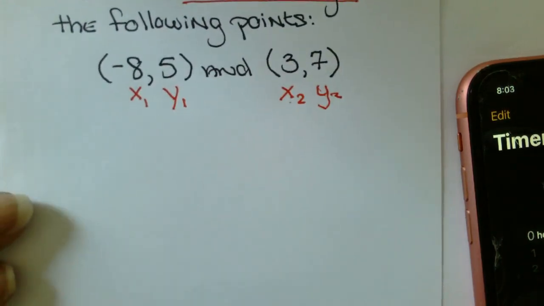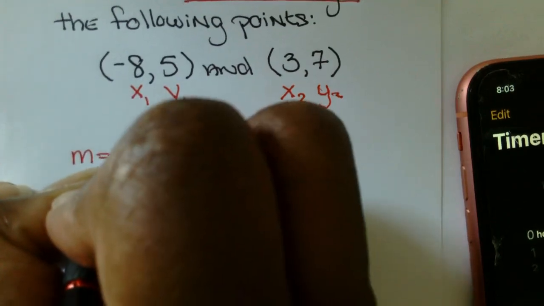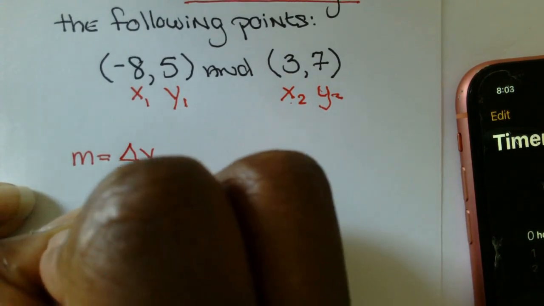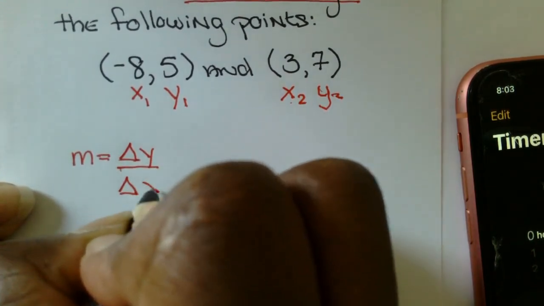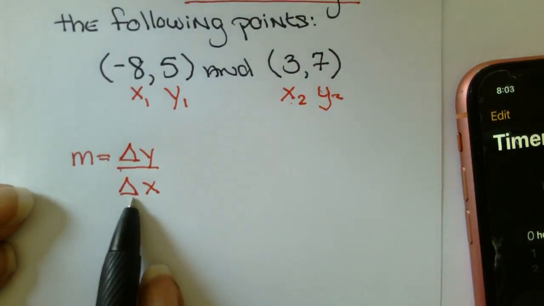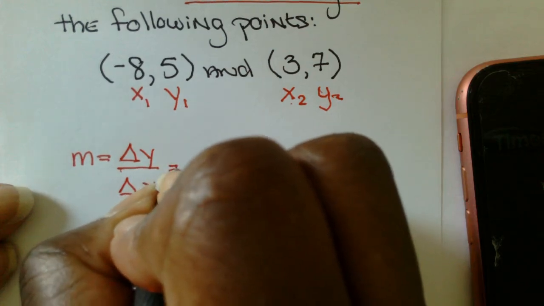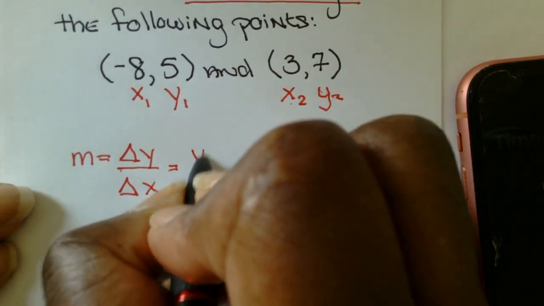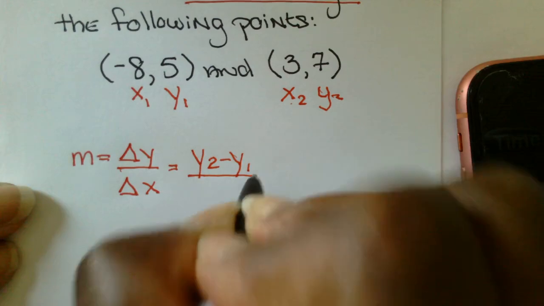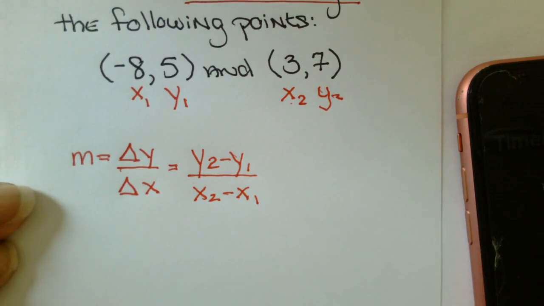The way that we calculate our slope or rate of change is simply the change or the difference of our y's over the change or the difference of our x's. This triangle symbol is a Greek sign meaning delta, meaning change, difference. Some people like to do it as y sub 2 minus y sub 1 over x sub 2 minus x sub 1.